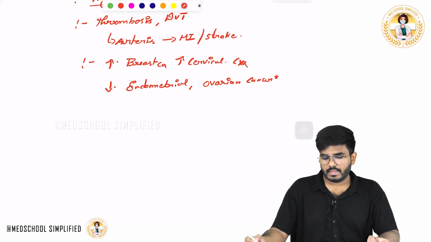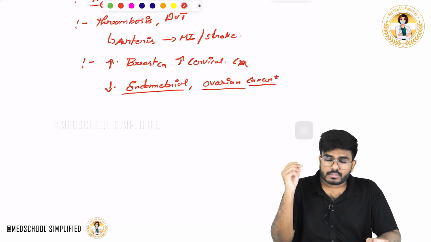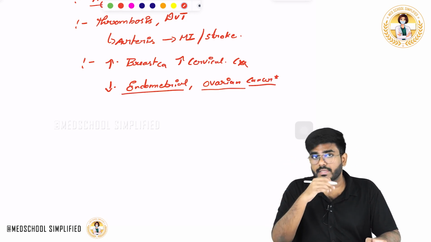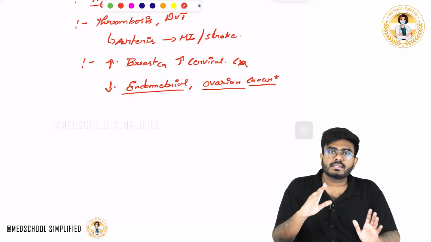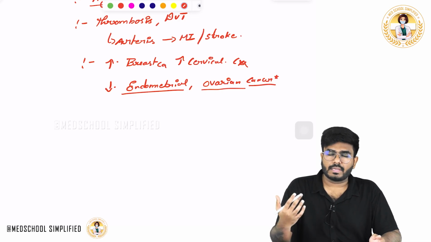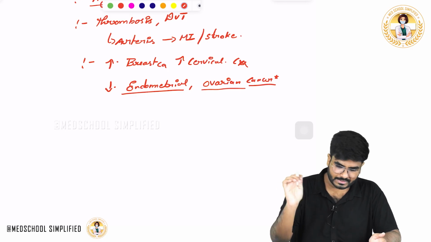Remember, this is a little important: which cancers increase and which decrease. Sorry, endometrial cancer and ovarian cancer decrease, breast and cervical cancer increase.